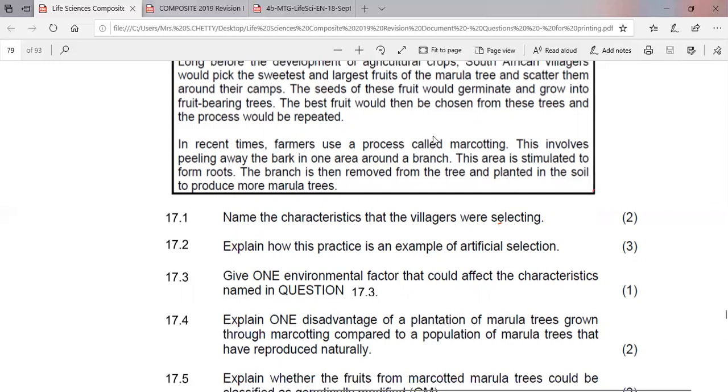Because here, as I was reading it, if you are peeling away a branch and allowing roots, the genetic composition of this plant will be identical to the one that you had done the process of marcotting on. So you've introduced no new genes, no? Because natural reproduction would be an increase in the variety of genes because you're getting two different organisms coming together.